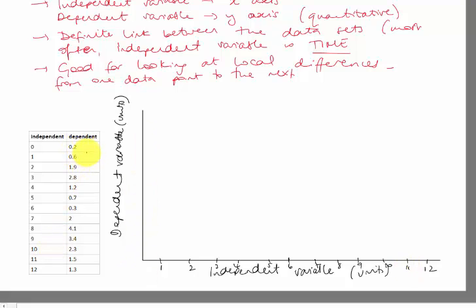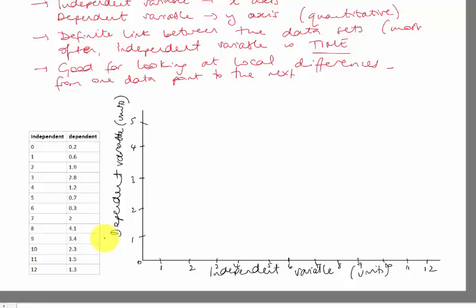But here our dependent variable goes from 0.2 and the highest one is 4.1. So let's go up to 5 here. This happens to be 0 for both the axes, but it doesn't have to be.